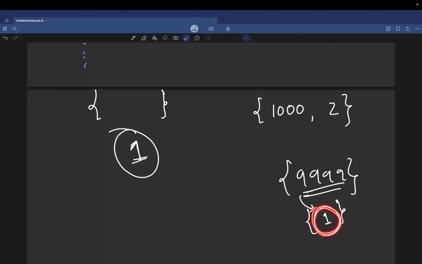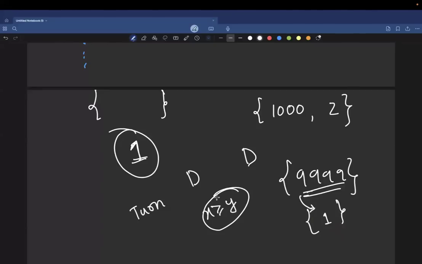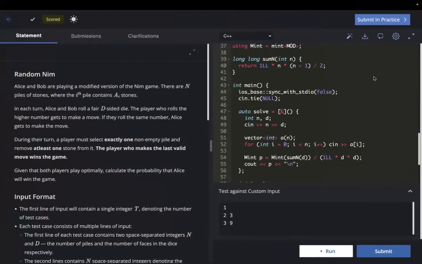At the end of the day, you will just have one stone remaining, and the game would be as simple as it was on the first turn: you will roll a die, Bob will roll a die, and if the score you got is greater than or equal to y, then you will remove the last one, otherwise Bob will remove the last one, and the winner would be decided. So the winner does not depend upon this. Okay, great.